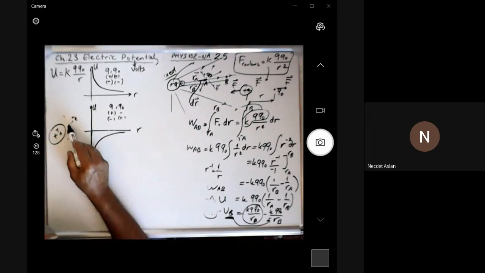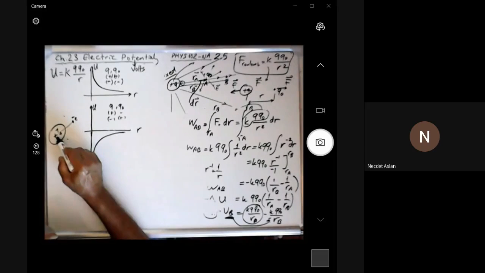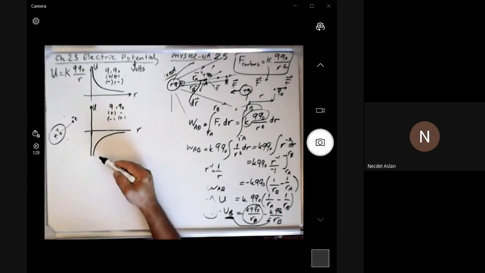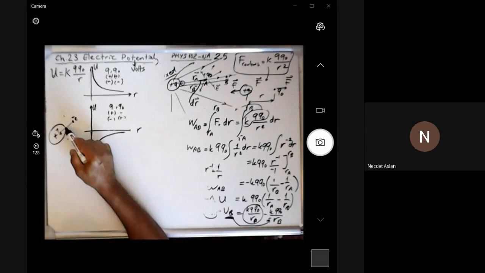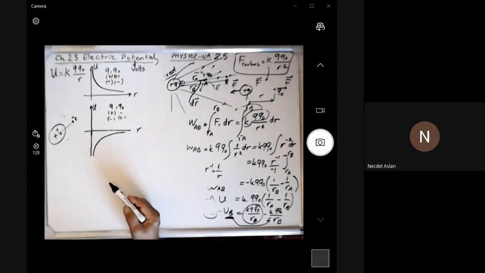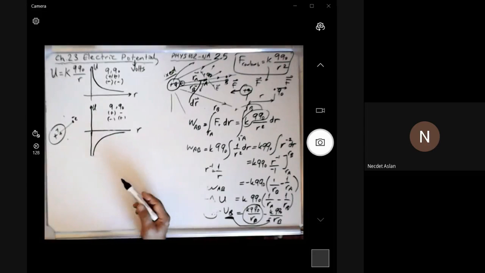So the potential energy between this electron and this nucleus is like that. The minimum potential is when the electron is nearest to the nucleus. Minimum potential energy means maximum kinetic energy if energy conservation holds.